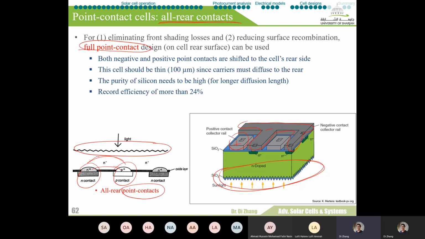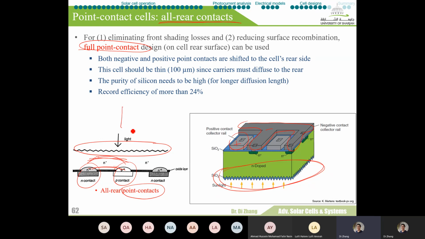But obviously, there are some challenges we have to overcome with this design, because this design is very different from the typical solar cell design, and therefore there are a lot of difficulties associated with it. One of the things we have to consider is that the PN junction is positioned horizontally rather than the typical perpendicular structure.